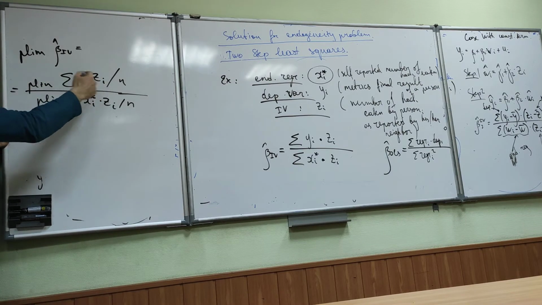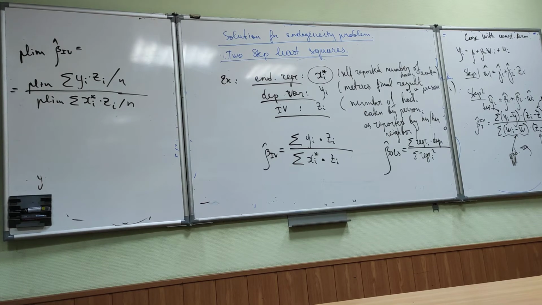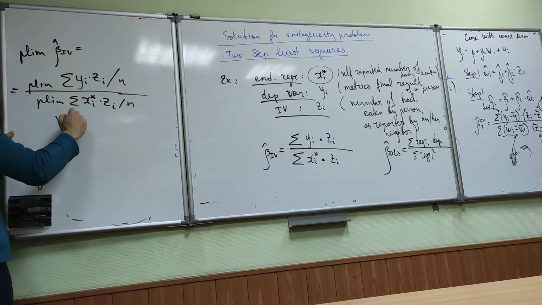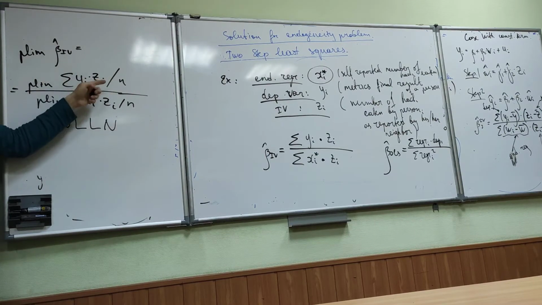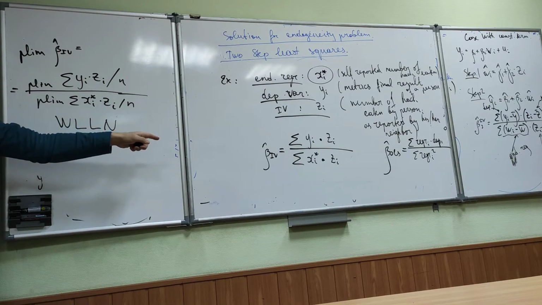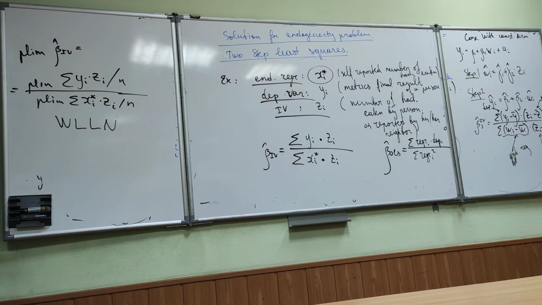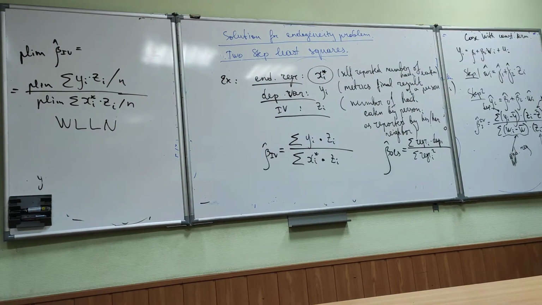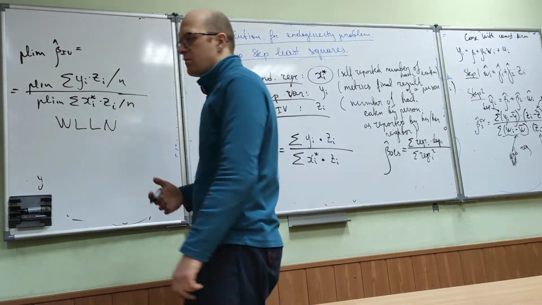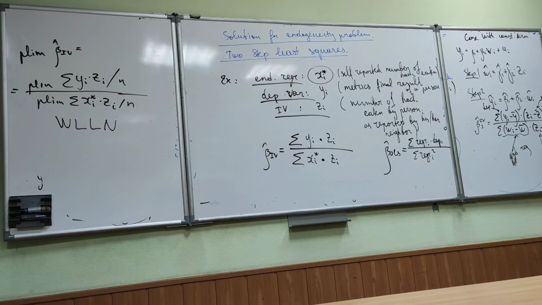We divide by n in the numerator and denominator, and we use the weak law of large numbers: the sample mean tends to the population mean, or expected value.